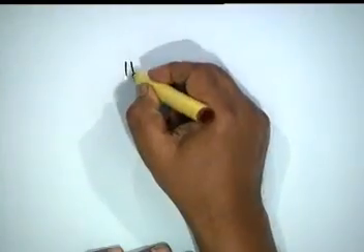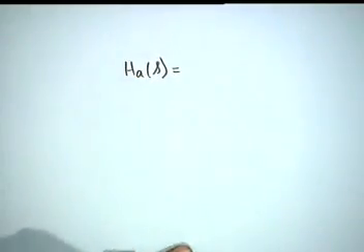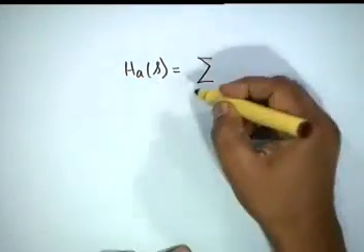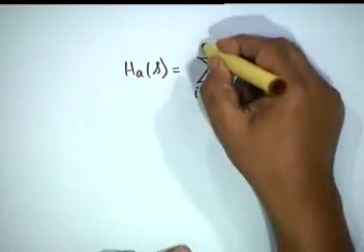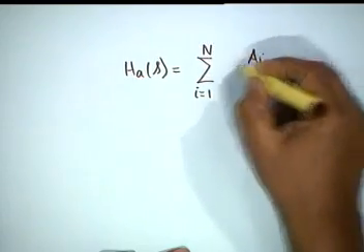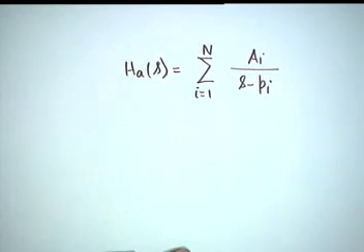So, the procedure is extremely simple. Suppose H A of s, for simplicity we assume that it has only distinct poles, is the summation for i equal to 1 to N of A i divided by s minus p i. What happens when I have repeated poles? We will come back to it later.